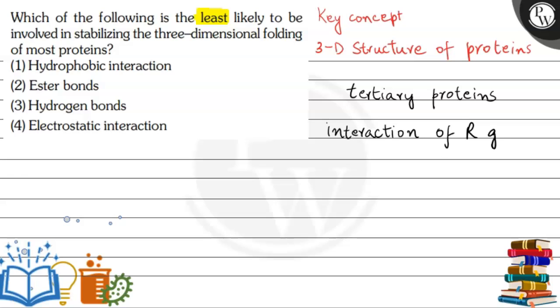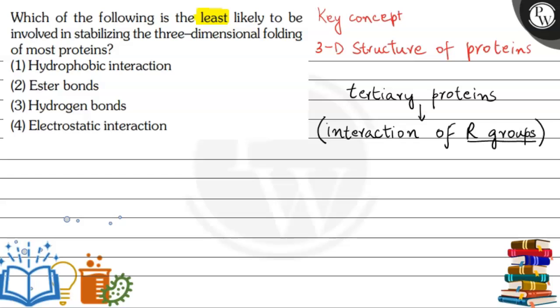So depending upon the type of the R group participating in the bond formation, that will decide the type of bond which is being formed. So tertiary structures are formed from the secondary structure of proteins by the various types of interactions that take place between the R groups of the amino acids.